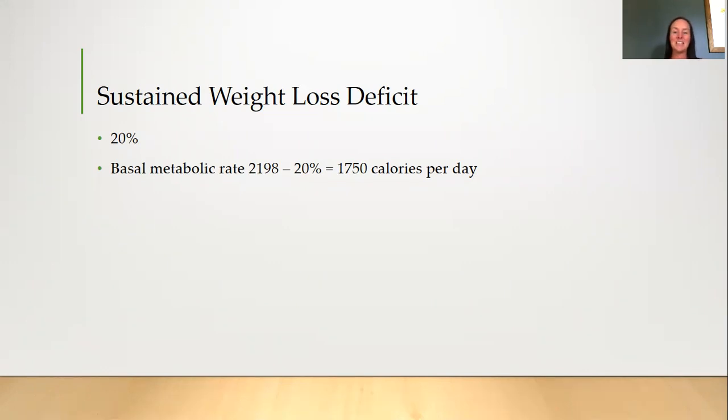And we're going to use that to create the energy that I need just to sustain my body. Okay, so I'm looking at 1,750 calories per day. It's pretty reasonable, I reckon.